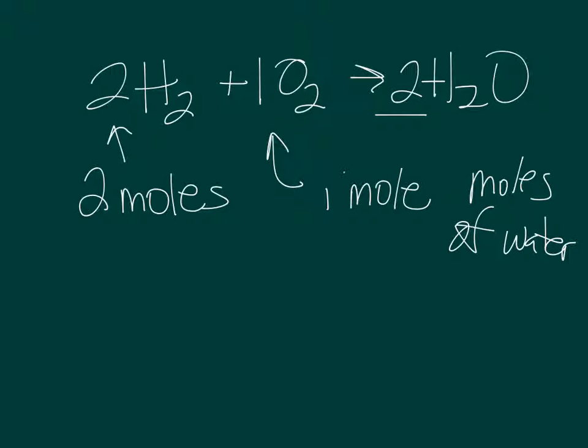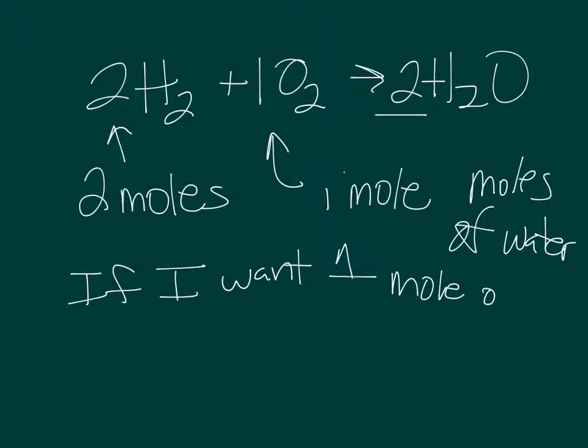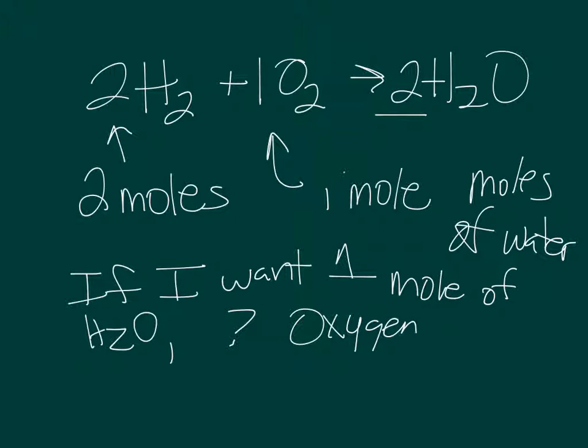Now I can take any of these up or down in proportion. So if I want 1 mole of water produced, how many moles of oxygen do I need? Well, going from 2 moles of water to only 1 mole of water, I'm halving it.